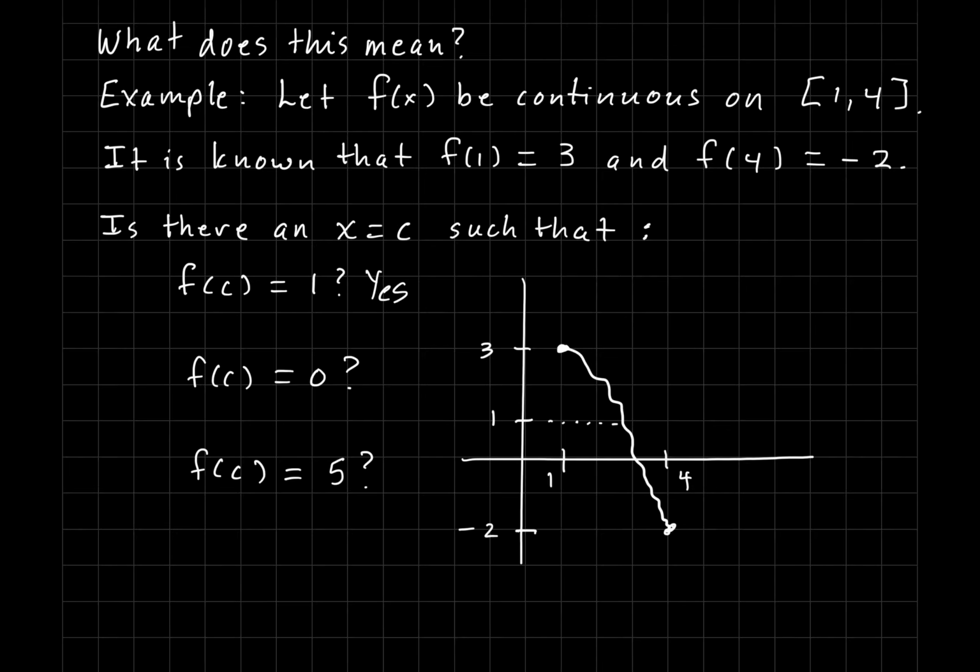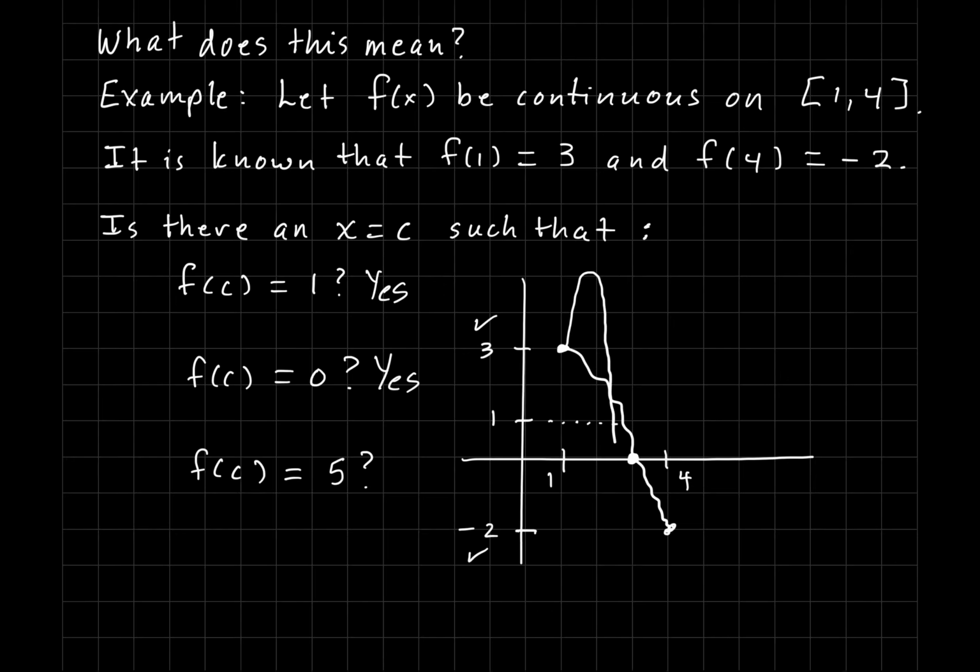Is there a c value such that y equals 0? Well, the same picture shows me, yeah, of course. So the idea is, if I start at a y value and end at another y value, and the function is continuous, then we must hit all y values in between those two y values. So is there a c value such that f of c equals 5? And the answer is maybe, because I don't really know how to draw the function.